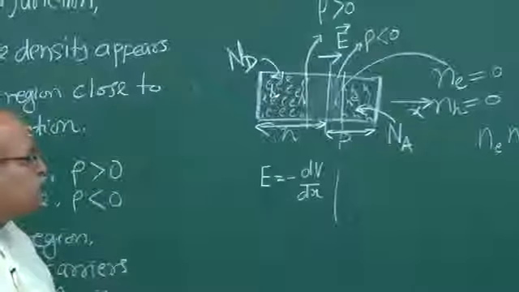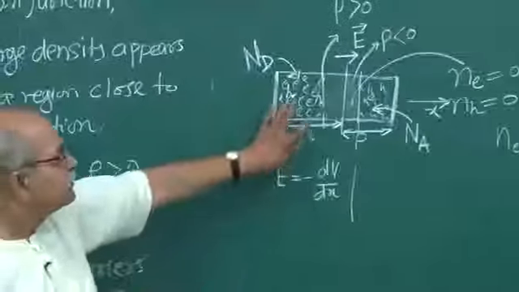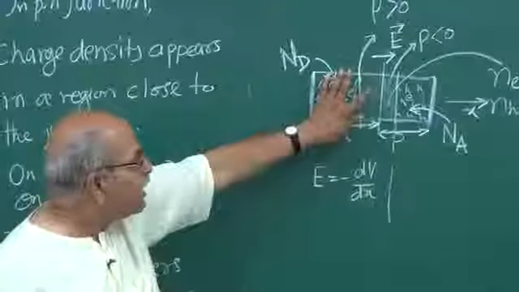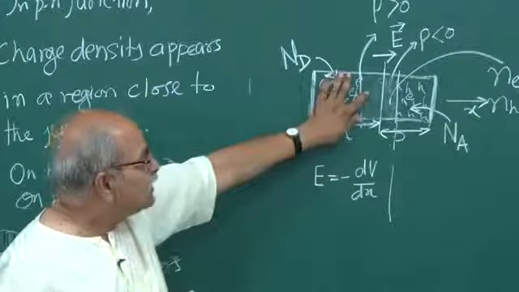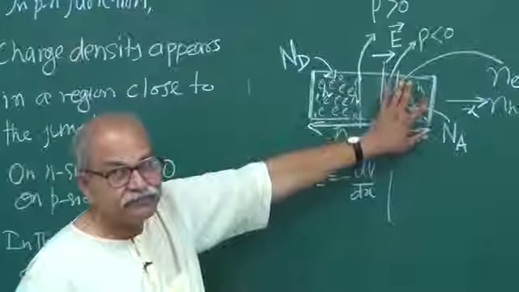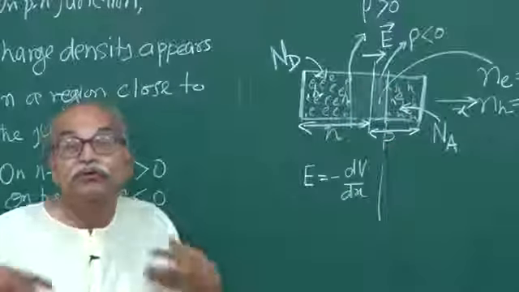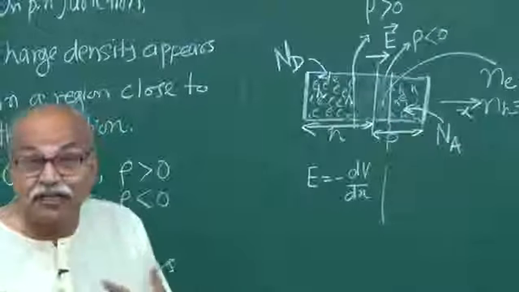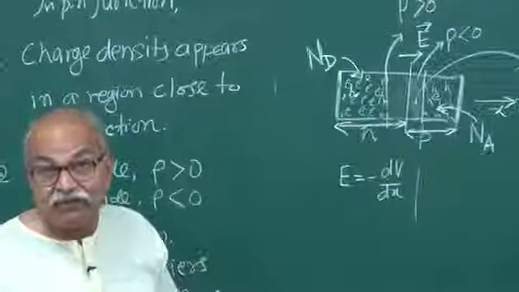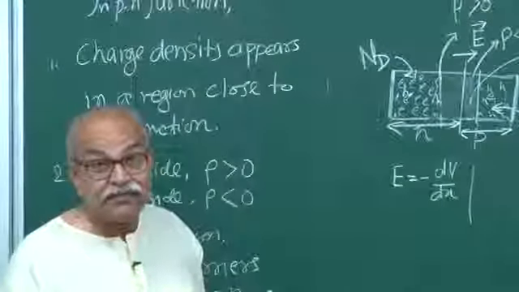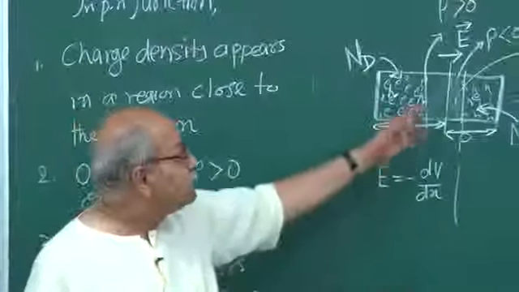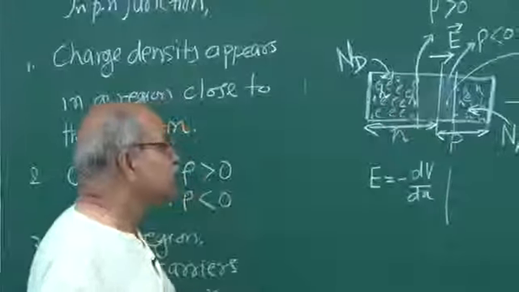That means this N side should be at a higher potential than the P side. We are not connecting any batteries. We have just put neutral impurities in a neutral semiconductor wafer. But we see that some electric field appears in this depletion region.